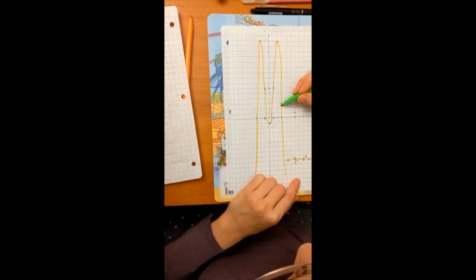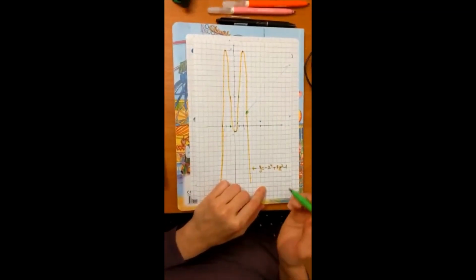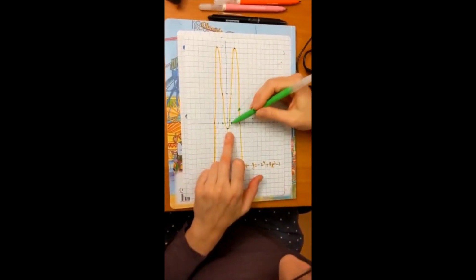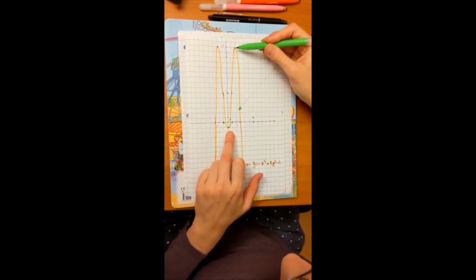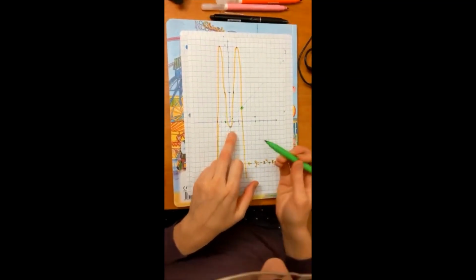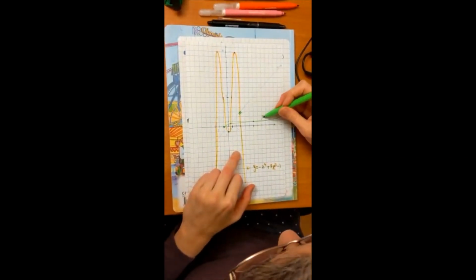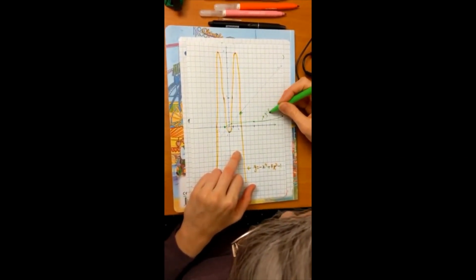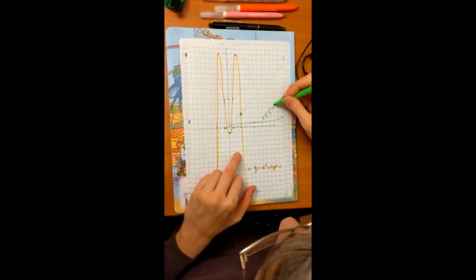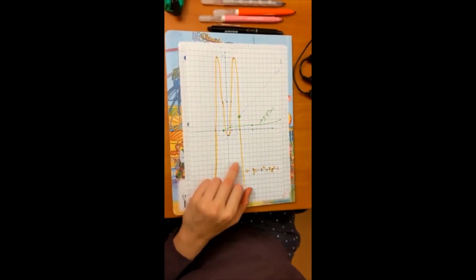Sorry, this point I have to ignore because it's outside the domain. I just need to find the symmetric of this little piece over here, and it's going to look something like this. So this is y equals the inverse of f. And that's it.